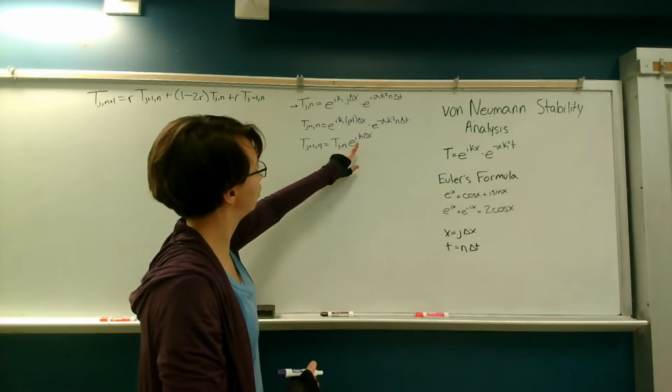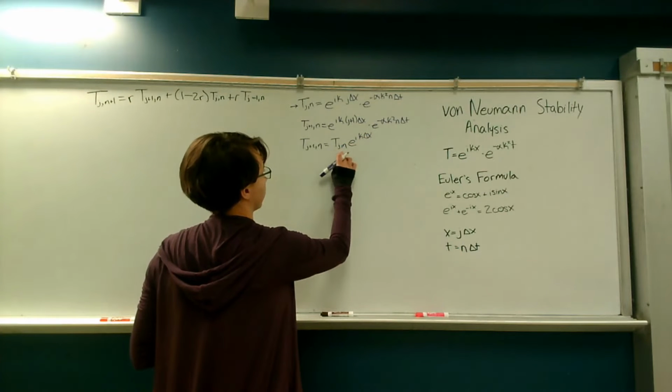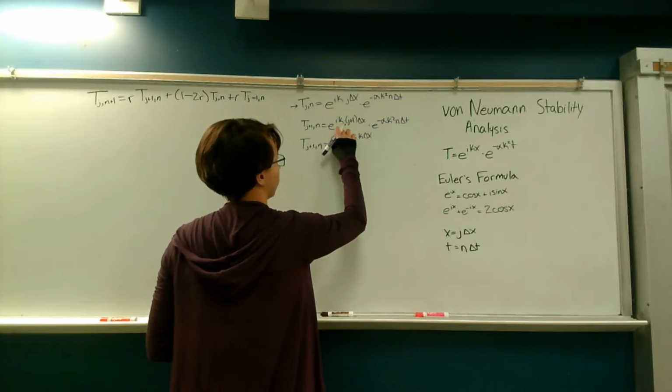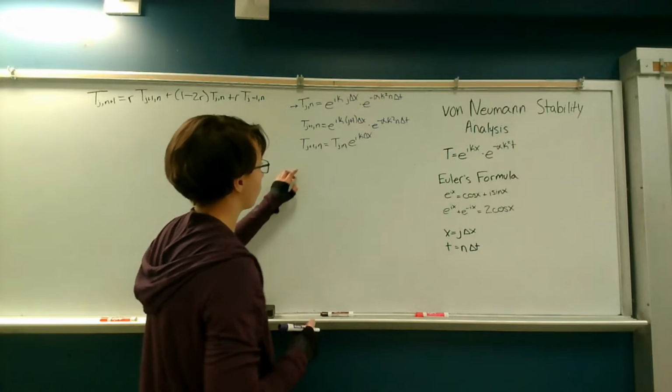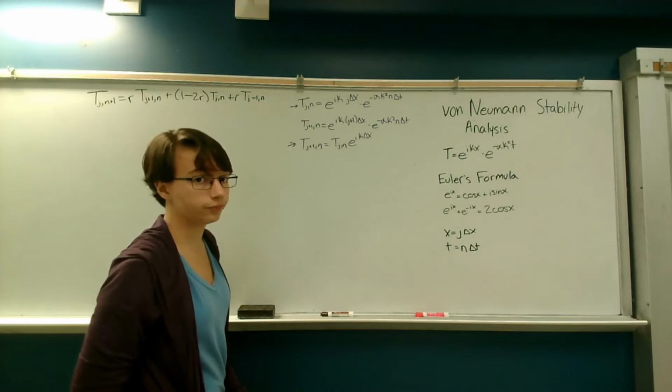So if you multiply this by T j n, we would end up with this term here. So that's T at j plus 1 at n.